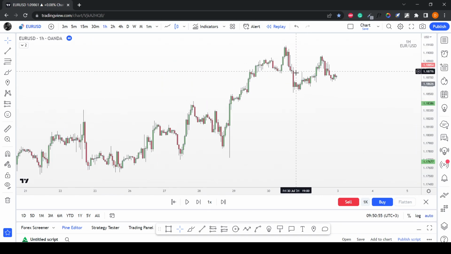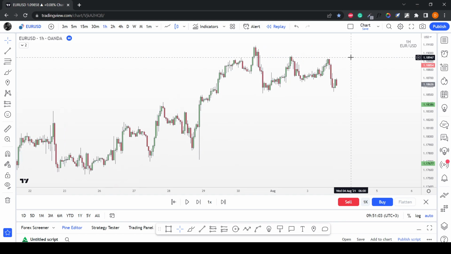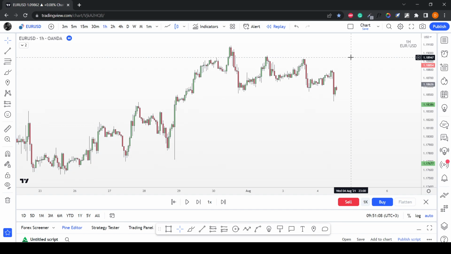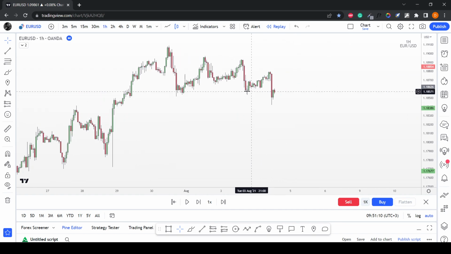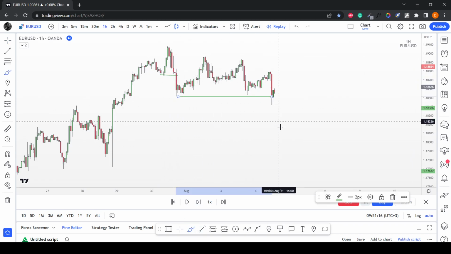So we already have one break, we already have a mitigation, but I missed this entry, so let's wait for something, some more ranges. Okay, so definitely we are starting to build some better structure here with this break and with this break.